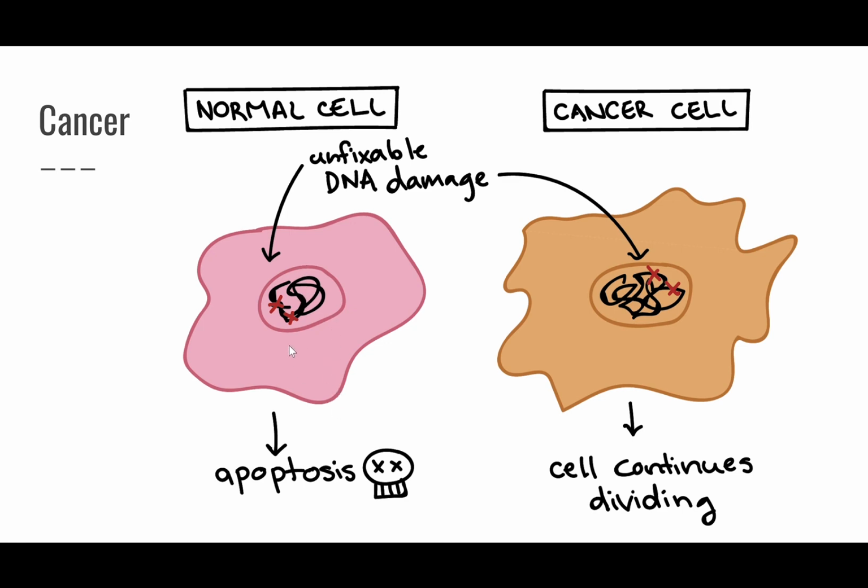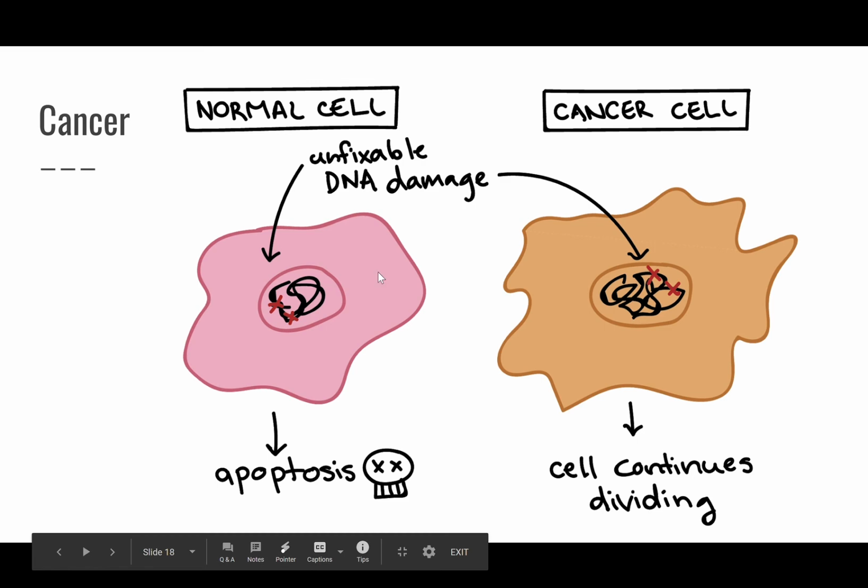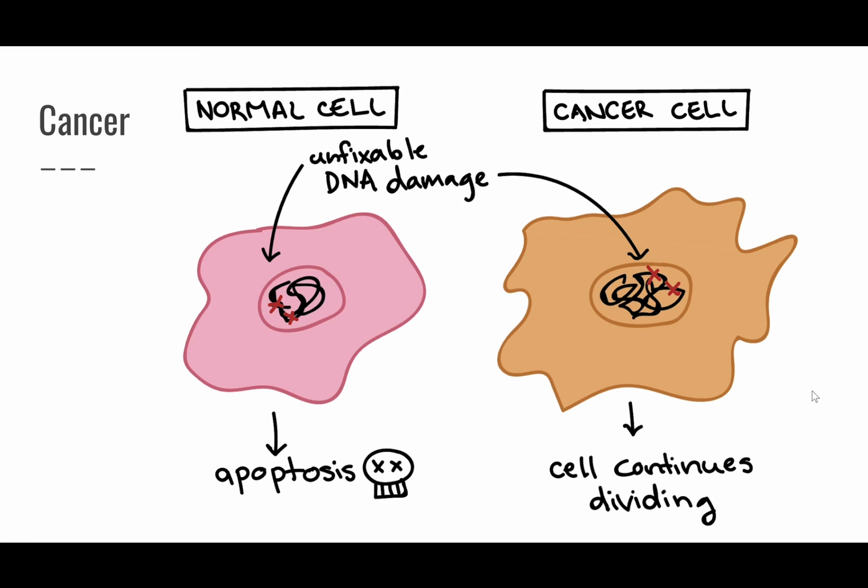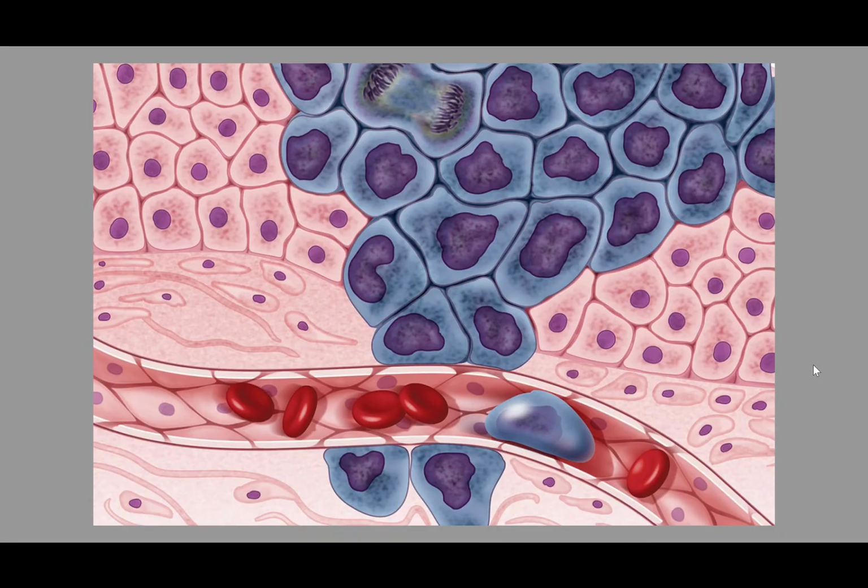It sacrifices itself. However, in cancer cells, something's gone wrong with those genes that control this process, and so it's going to have this DNA damage, but it's going to keep dividing. It's going to keep growing, which is not good, right? And so cancer is one major example of genetic diseases.